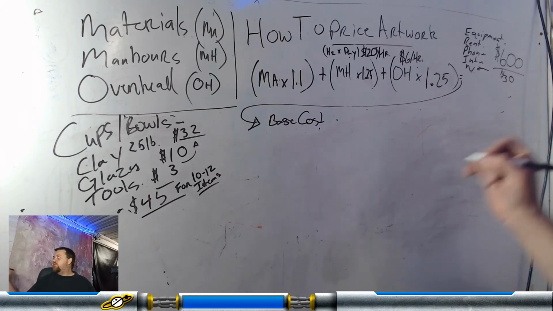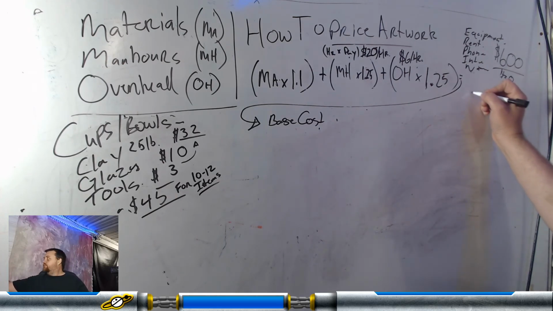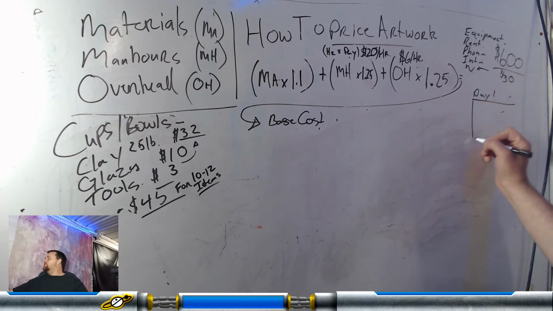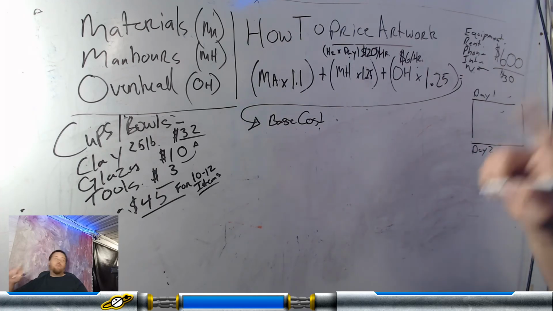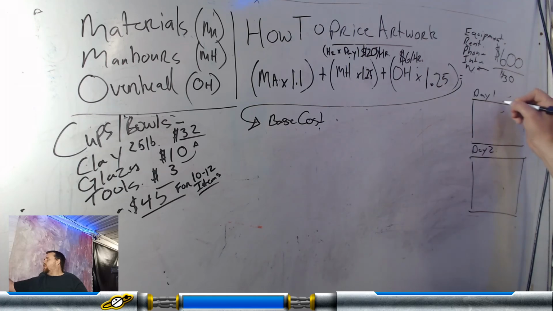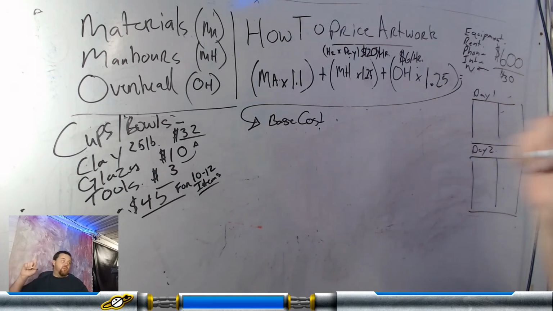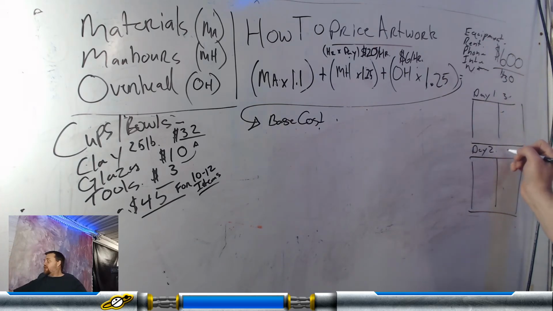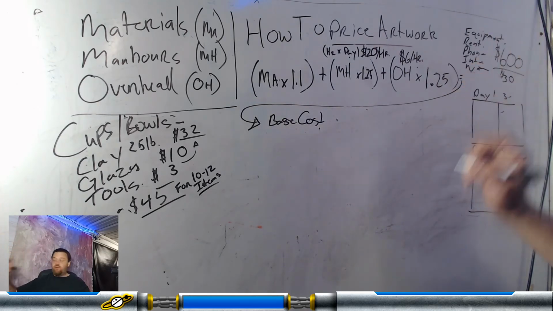So, for example, day 1. Day 2. And I'm going to split these in half, because you'll see why. We're going to have a day 3 and a day 4, and I'll show you that. That's why we're going to do this.